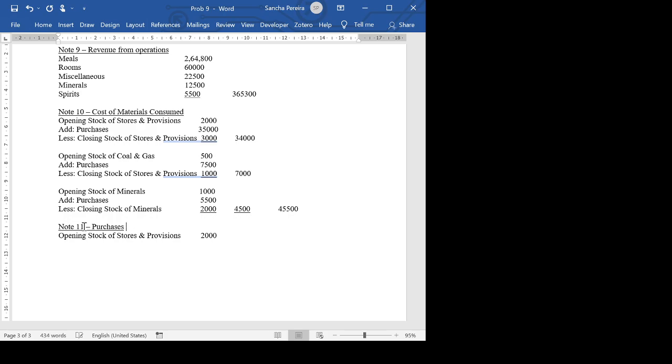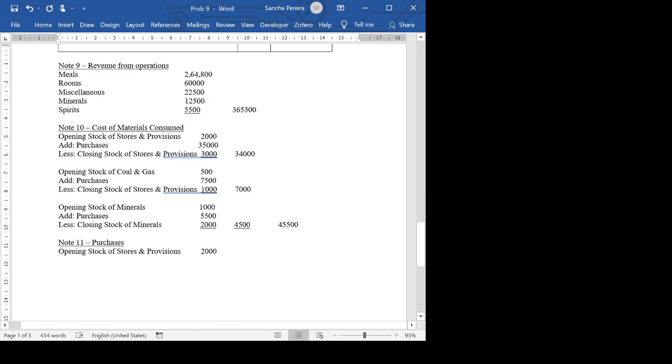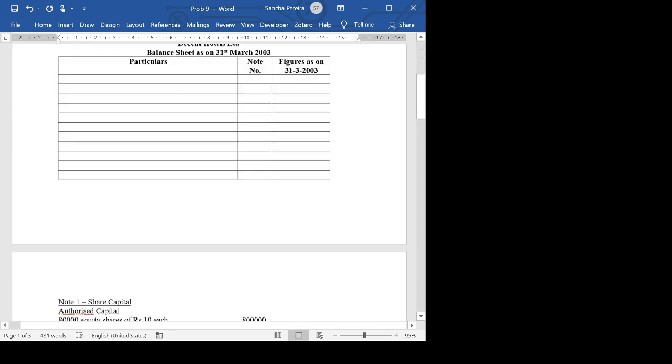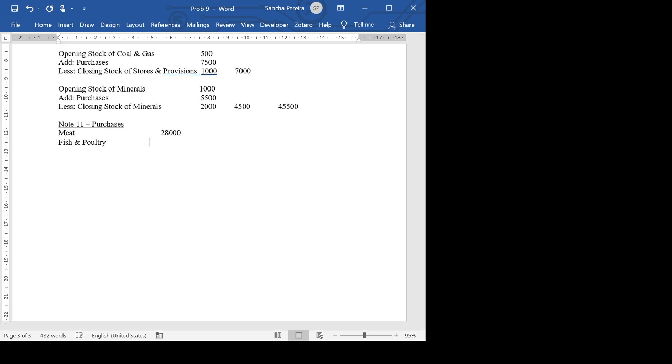And that is meat, fish and poultry, 28,000 and 25,000. So the total of this comes to 53,000.